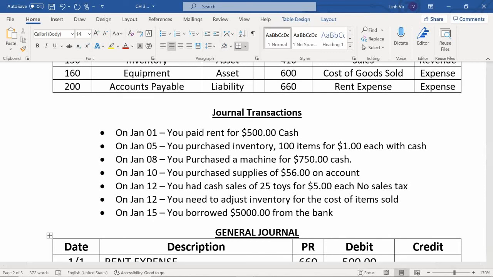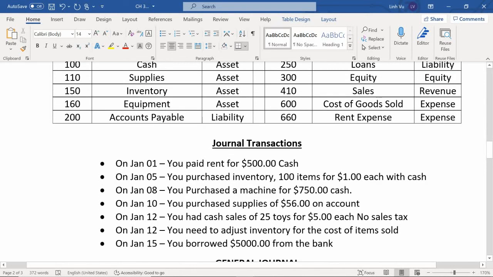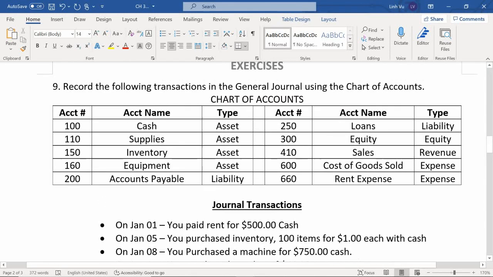Then on January 8, we decided to purchase a machine for $750 cash. A machine. That's fixed, right? It's an asset, fixed, as equipment. It is equipment. Good.